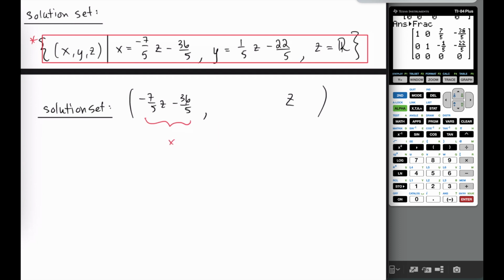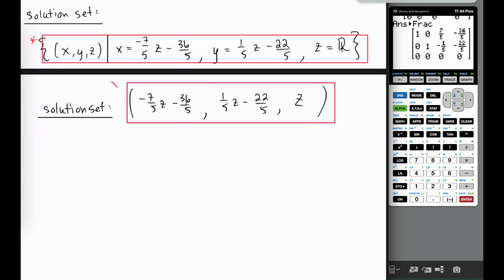And the y value would be calculated by looking at 1/5 z minus 22 over 5. And again, we don't have to say y is equal to because this equation is in the y position. So z roams through the real numbers, and then we calculate the x and the y values using these equations to ensure that our ordered triple is a point that's on that intersection line. So this is another way that we could write that infinite solution set.